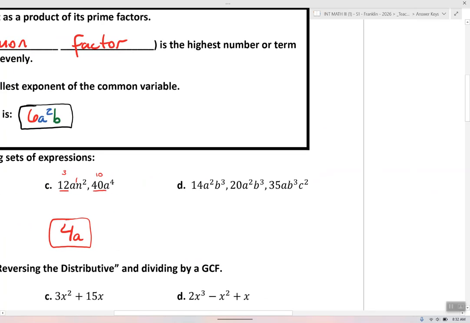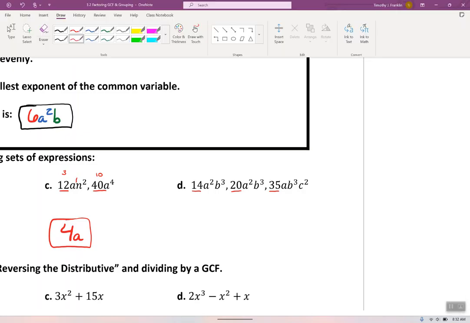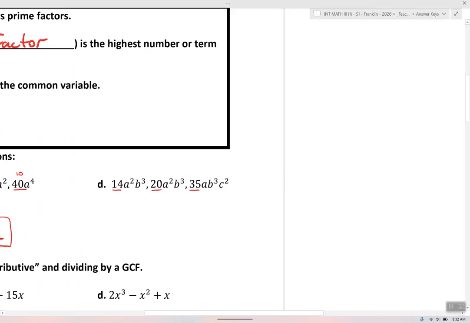All right, for example D, we've got three numbers to consider, 14, 20, and 35. If we think about this, 14 is just 2 times 7. 20 is 2 times 10, so 2 so far, but 35 is not even. These three numbers don't have a GCF other than 1.